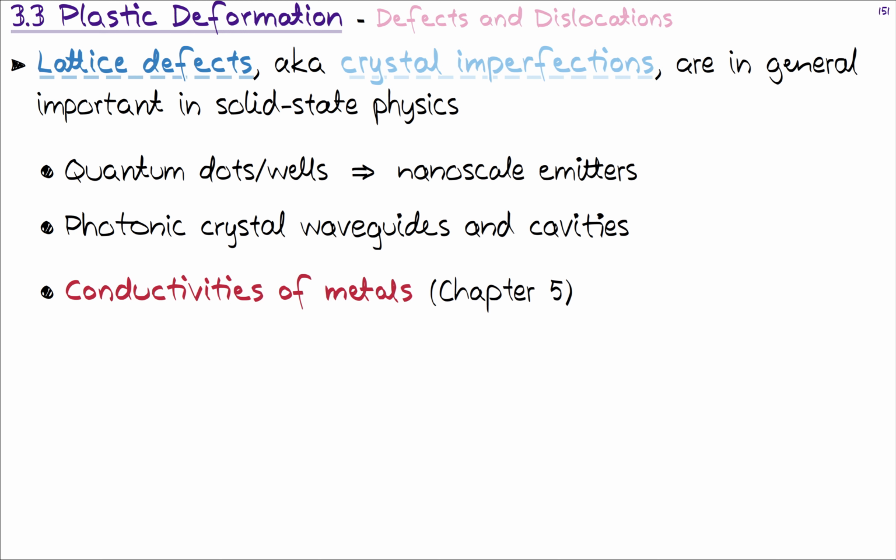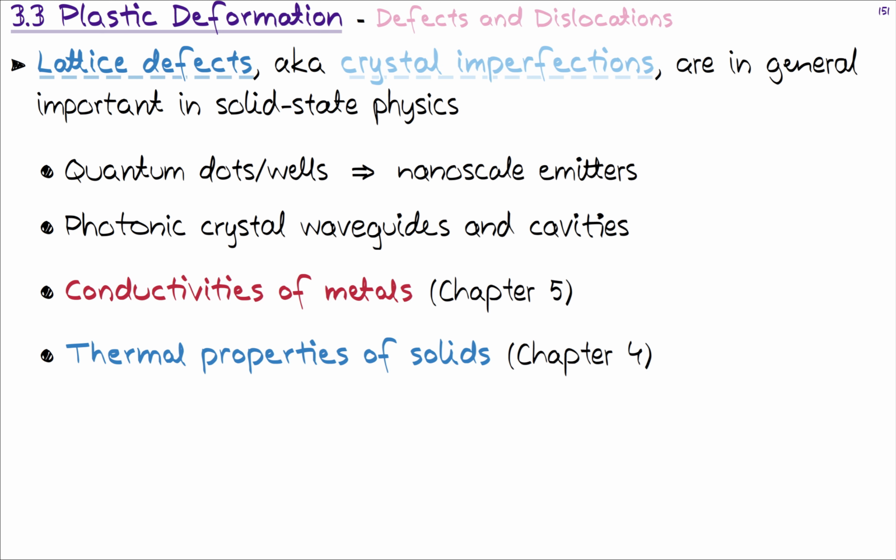So the conductivity of metals, for example, is very highly affected by lattice defects. Another example, and we will bump into this even faster, is when we look into the thermal properties of solids, which we will focus on in chapter 4. We will learn that lattice defects are actually quite important when we are looking at the thermal conductivity of materials.